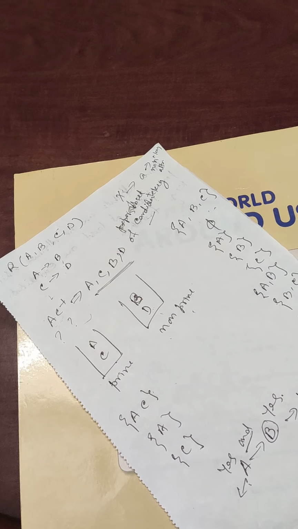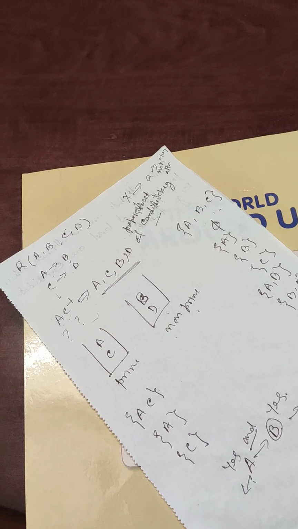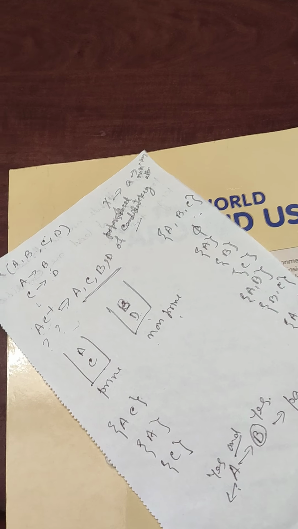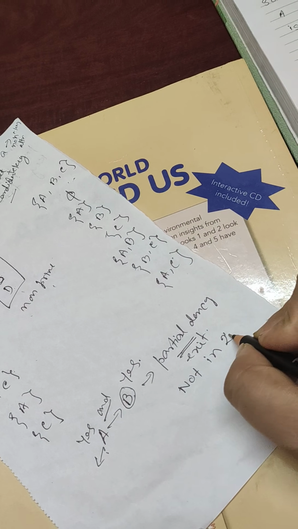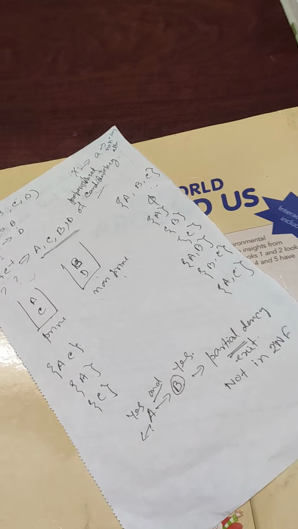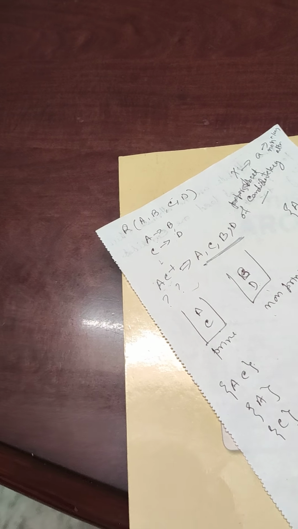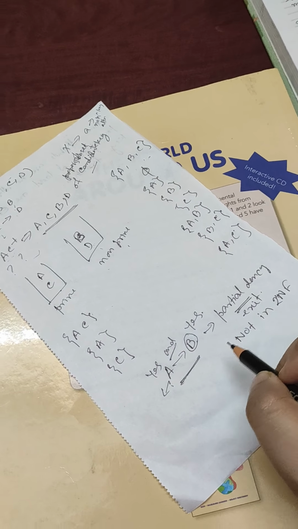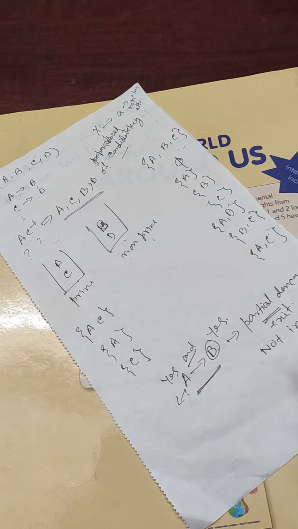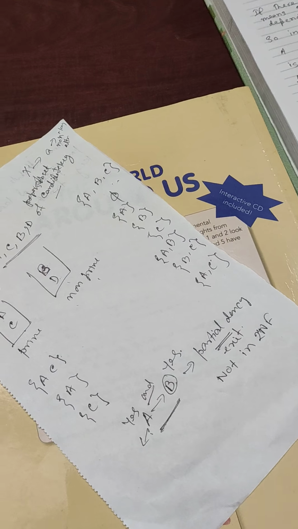If partial dependency exists, then the table is not in 2NF. Checking one functional dependency is enough.